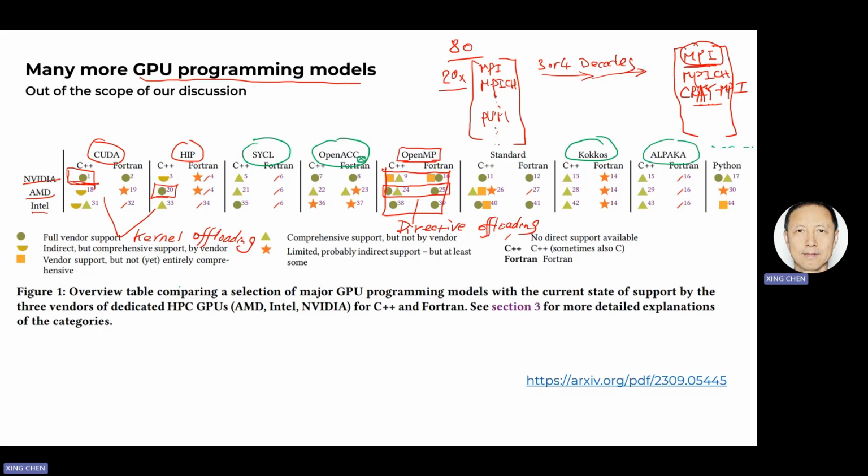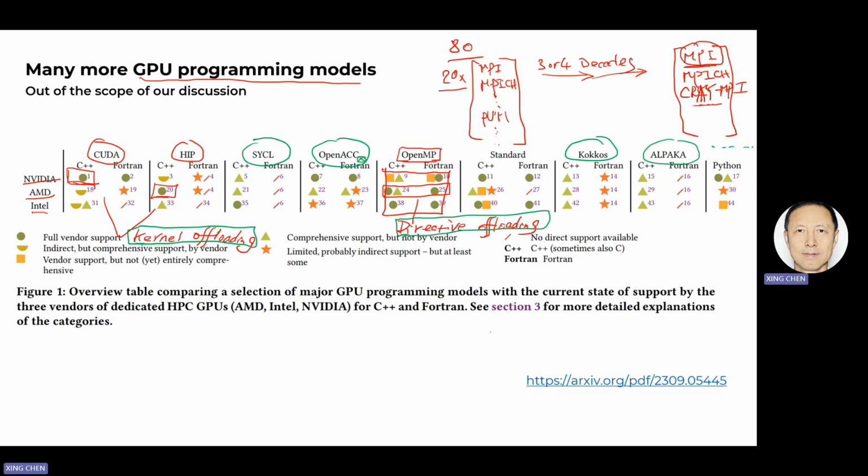For the moment, kernel offloading, supported by CUDA and HIP, is the leading one. And directive offloading, supported by OpenMP and I suppose also by the vendors, should be the promising one. We don't know yet, 1 or 2 decades later, which offloading methods we are going to use.